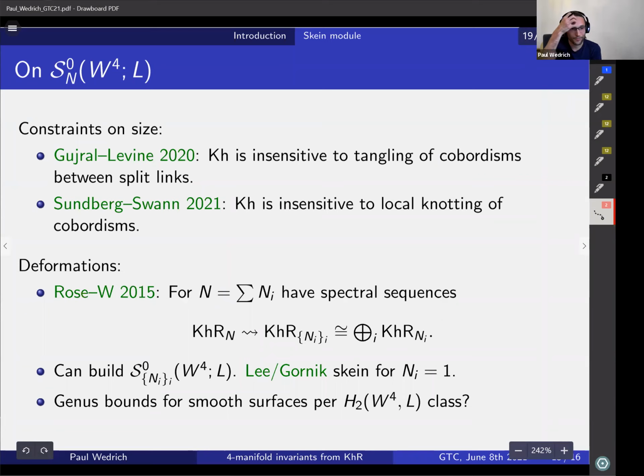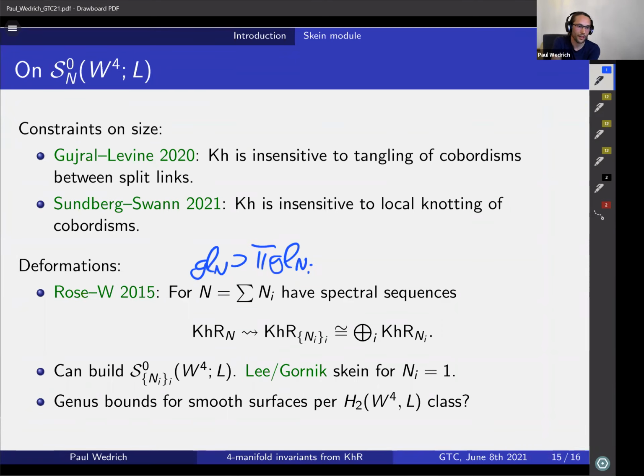Okay, and then ongoing work towards an application uses that these link homologies admit deformations. I like to think about this from a representation theoretic perspective. So there's GL_N, and inside GL_N you have the product of GL_{n_i}, subalgebras, where the n_i are non-negative integers, or positive integers, that sum to n.